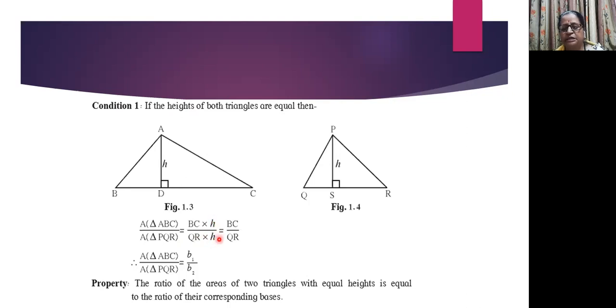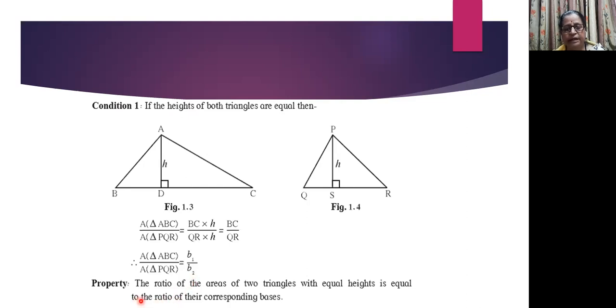H and H cancel. What remains? This triangle's base and this triangle's base. So that is BC divided by QR. Therefore, with the base of triangle ABC as B1 and the base of triangle PQR as B2, area of triangle ABC divided by area of triangle PQR is equal to B1 divided by B2.